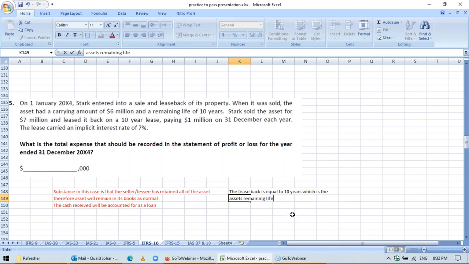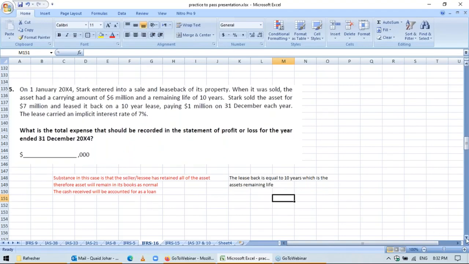Okay, so what they asked for is what is the total expense that should be recognized in the profit and loss account. So if we account for it normally, we'll record a loan, so we will charge interest on the loan. The entry will be like this. The entry on sale and leaseback will be debit bank account by the cash received amount, 7 million.